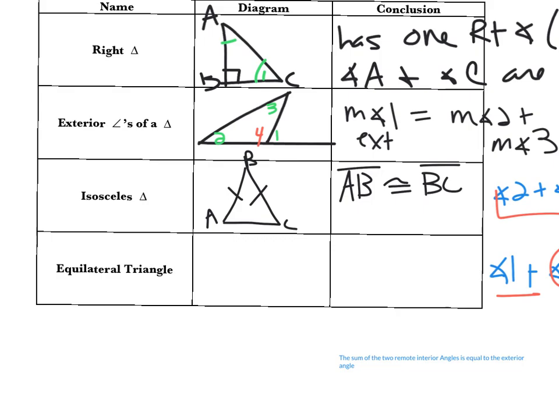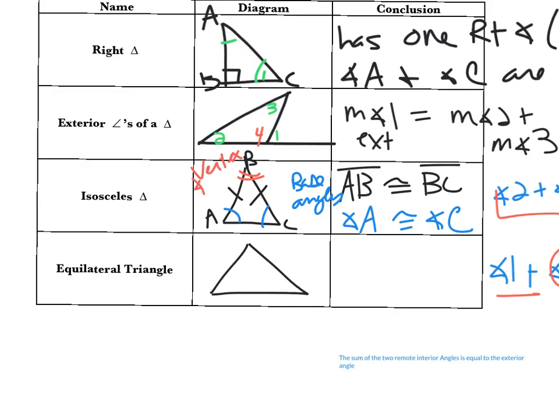And what you may not know about is that not only does it have 2 congruent sides, an isosceles triangle also has 2 congruent angles, meaning angle A is congruent to angle C in this particular picture. Angle A and angle C are known as the base angles, and angle B is known as the vertex angle.